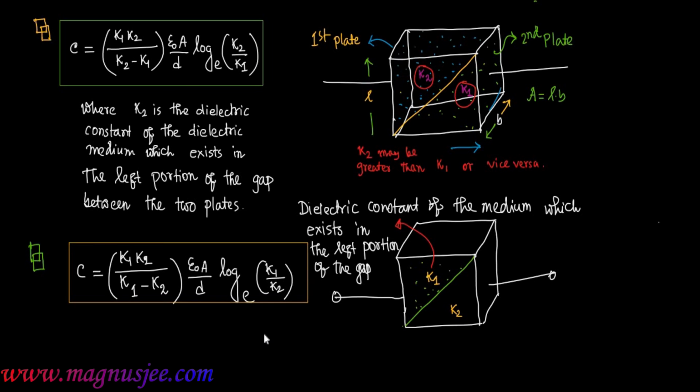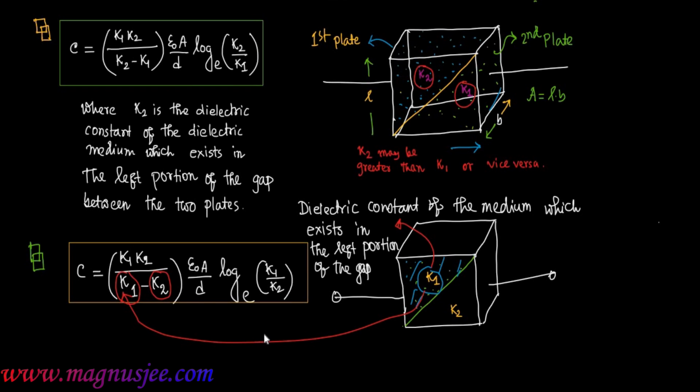C is equal to K1 K2 divided by K1 minus K2, epsilon 0 A divided by D, ln K1 by K2. If K1 exists in the left portion of the gap between the two rectangular plates, in the denominator we should have K1 minus K2.